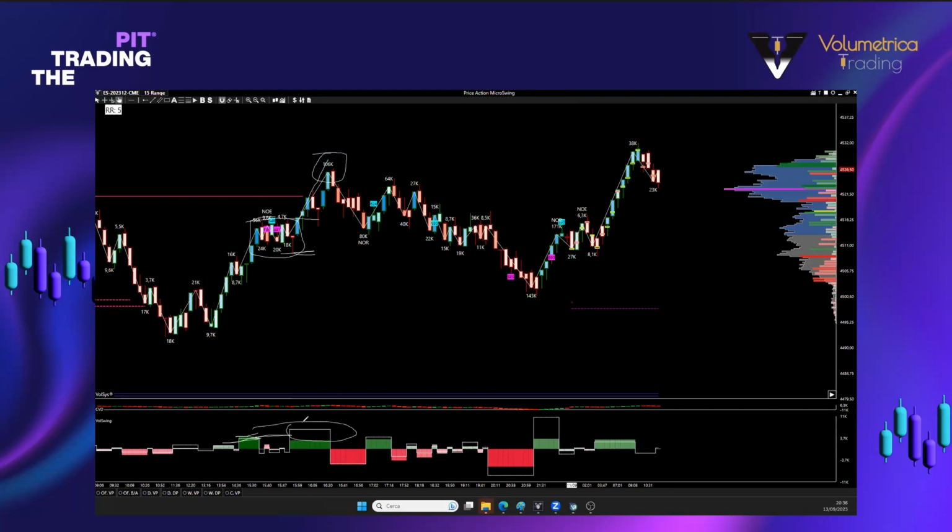We can see that volume is actually increasing on a new top, on a new high that the market is making. So definitely there is participation. Definitely we can tell the move is sustained by volume.